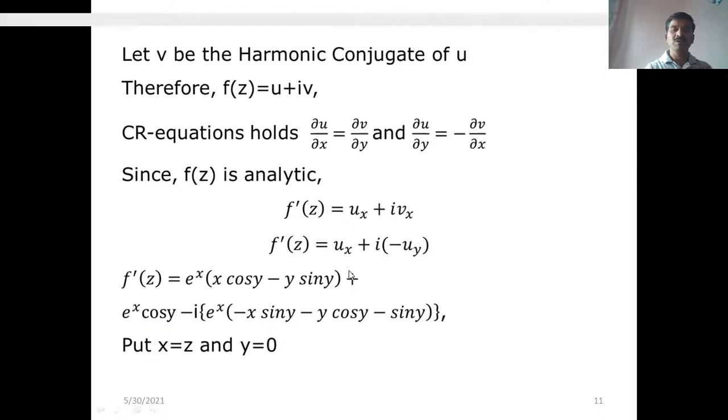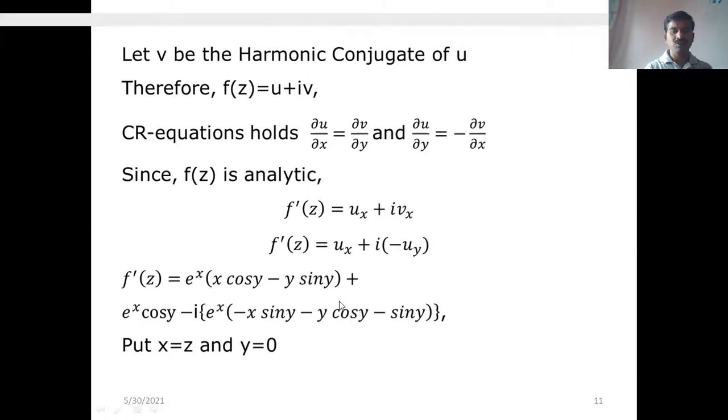So now we have substitutions here. We make use of these substitutions ux and uy, and ultimately we get the expression f dash z equal to this expression, in which by the Milne-Thomson method you can replace x by z and y by 0. That means what? This sin y is 0, and the x sin y is also 0, and this sin y is also 0.